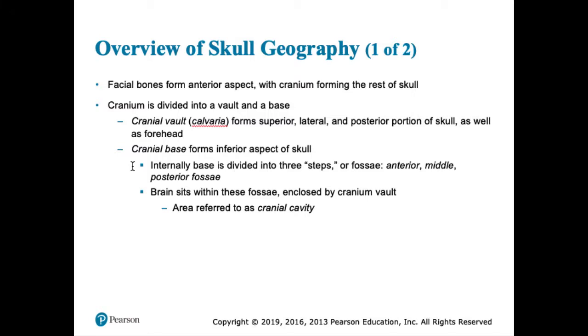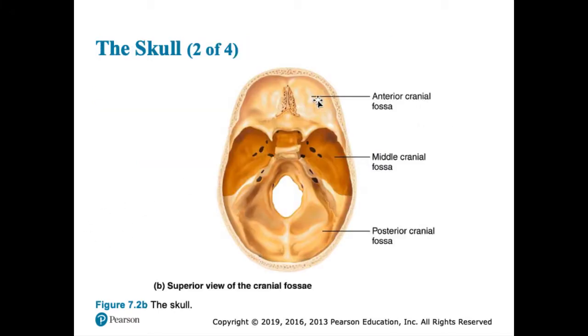Internally, the base is divided into three steps, or what we call fossae: anterior, middle, and posterior fossae. The brain sits within these fossae, which is enclosed by the cranial vault, and the area is referred to as the cranial cavity. And so you can see here what you need to memorize of the stuff that I just talked about: the posterior cranial fossa, the middle cranial fossa, and the anterior cranial fossa.